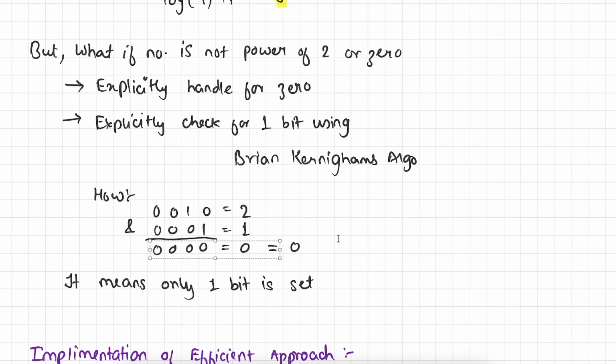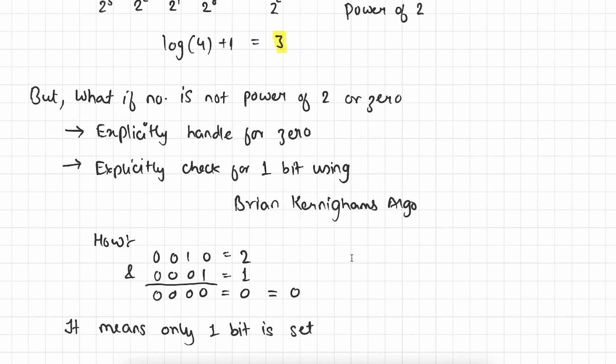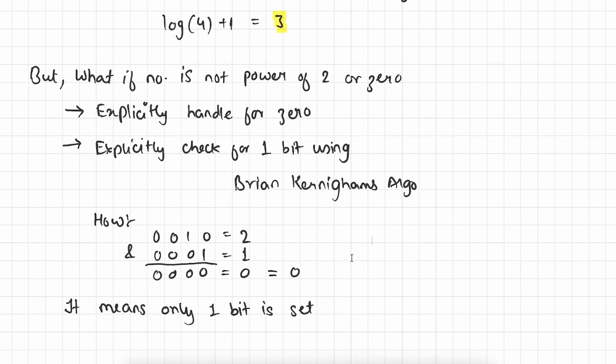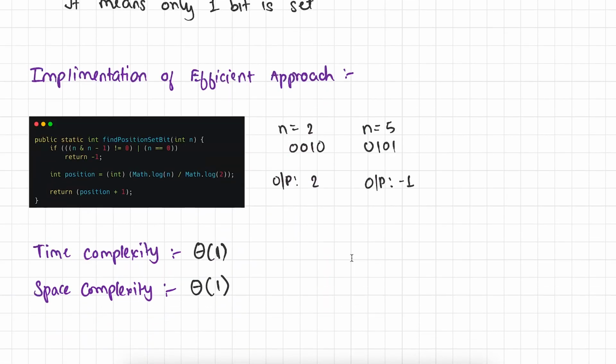It's simple, straightforward. So we can use Brian Kernighan's algorithm to find whether a number has more than 1 bit or not. So this is how we are handling 0 explicitly, and numbers that have more than 1 bit explicitly. So let's see the implementation of this efficient approach.